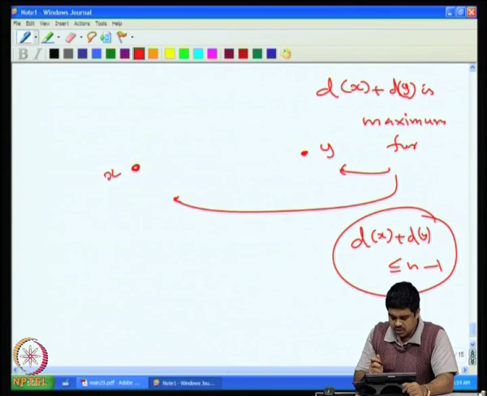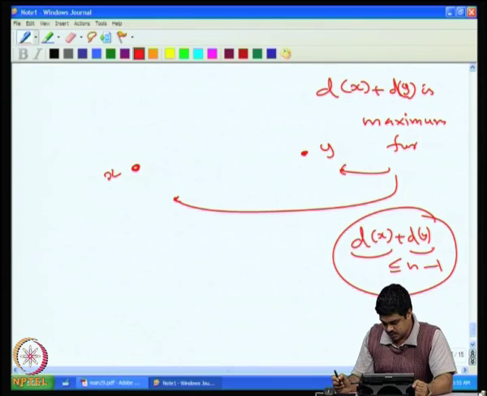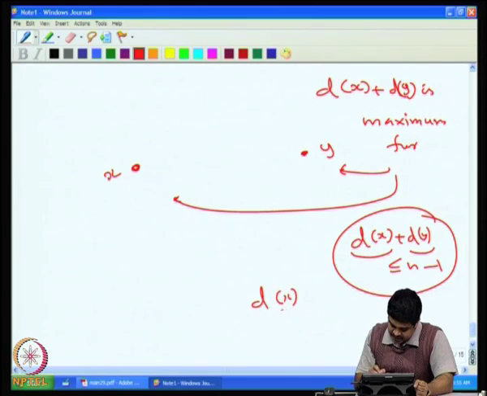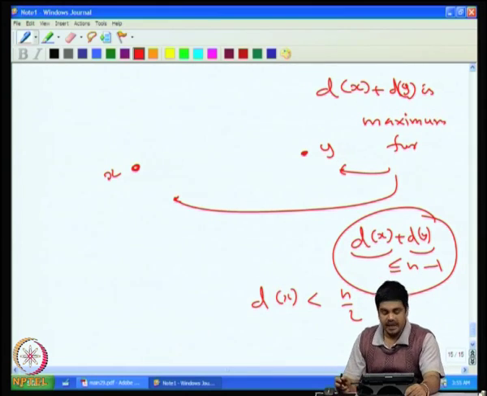Now, the point here is, consider the smaller of these two things, d(x) and d(y). Because together they are at most n minus 1, the smaller of them has to be strictly less than n by 2, because if both of them are at least n by 2, then together they will make n.